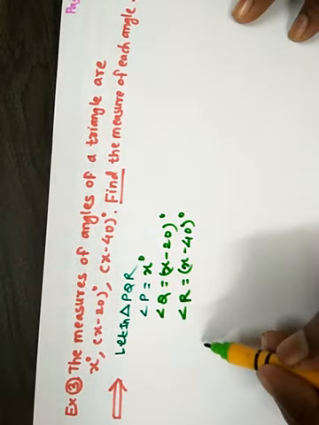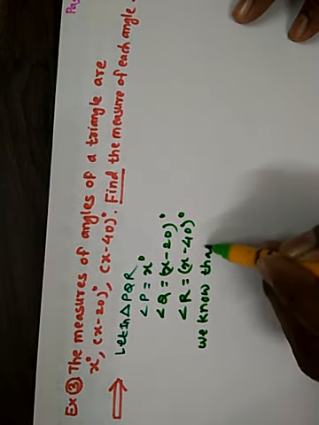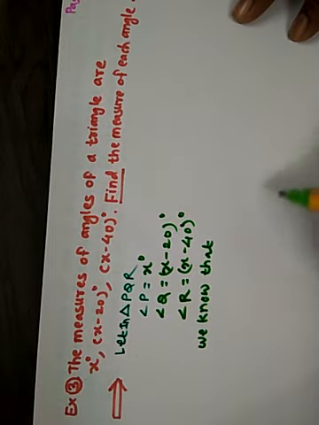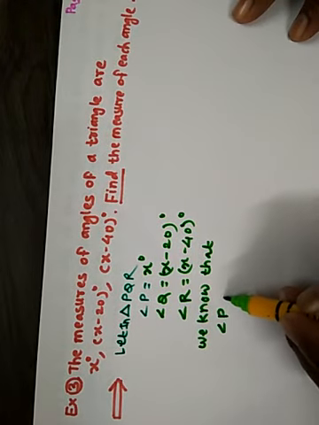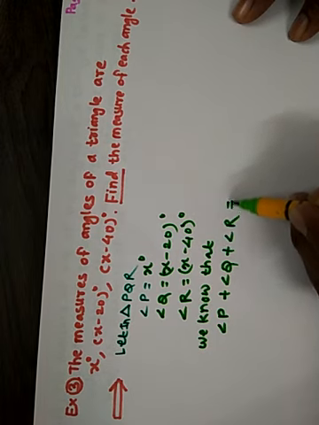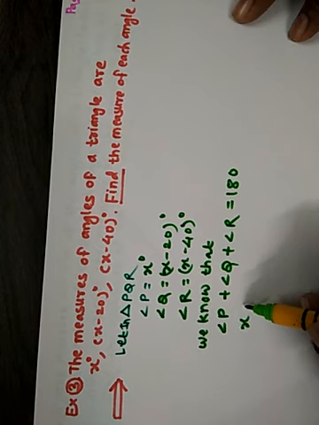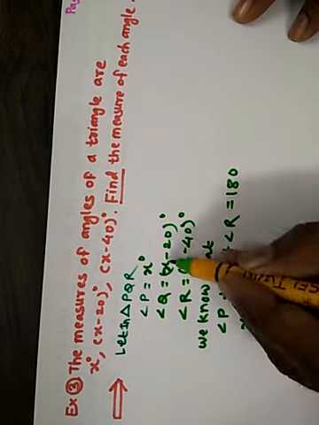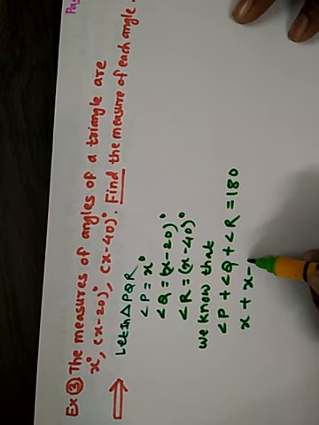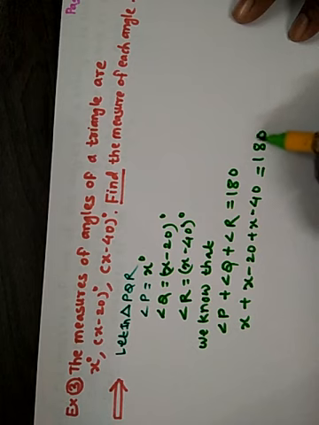So here also we know that the sum of three angles of a triangle is 180 degree. By using this property, angle P plus Q plus R is equal to 180 degree. Putting the values of P, Q, R, x plus x minus 20 plus x minus 40 is equal to 180.